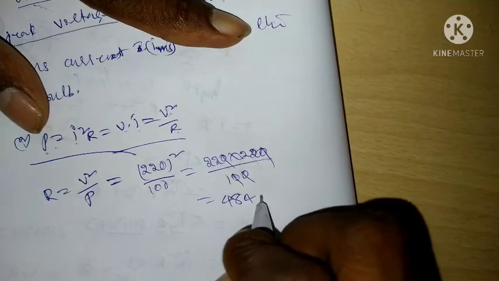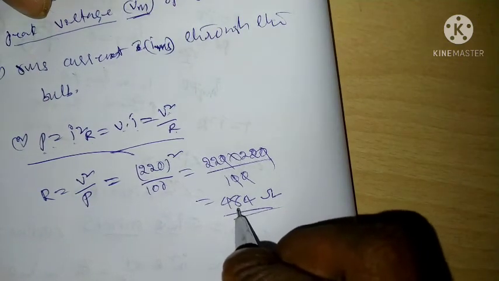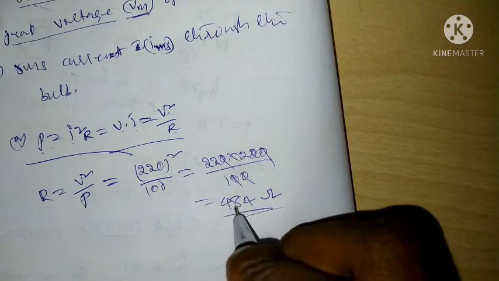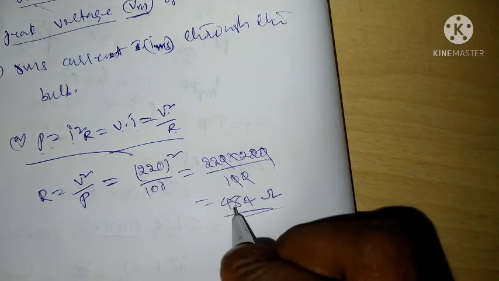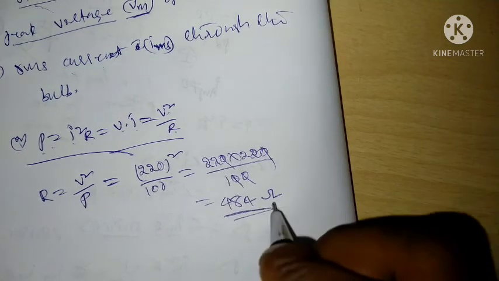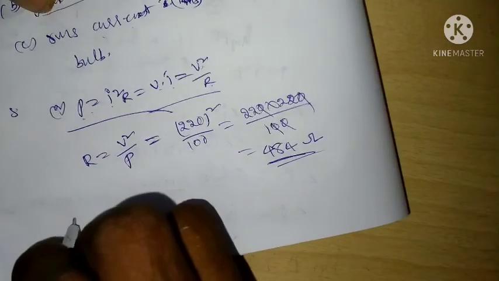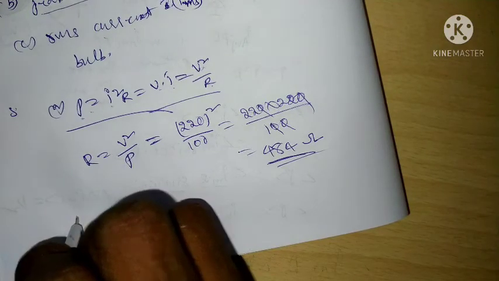What are the units of resistance? Ohms. So the resistance of the circuit is 484 ohms.